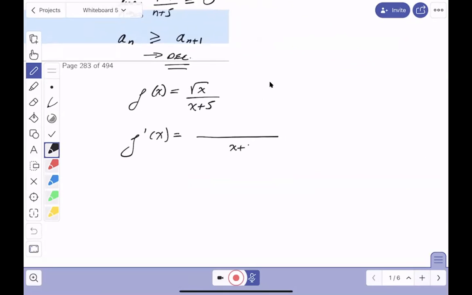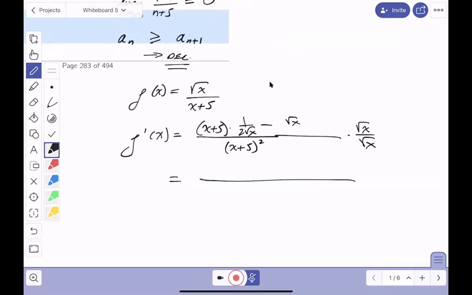Let's see, x plus 5 squared, x plus 5 times 1 over 2 root x, the derivative of the top, minus the top, which is root x, times the derivative of the bottom, which is 1. Well, I've got to do some work over here. I'm going to multiply top and bottom by root x. Again, you may do something different if you like.